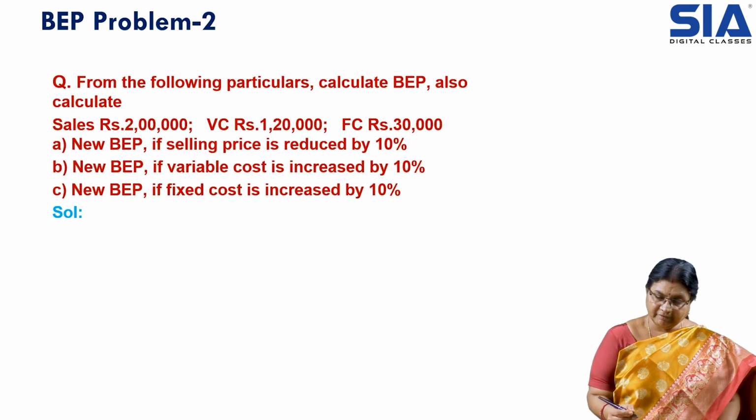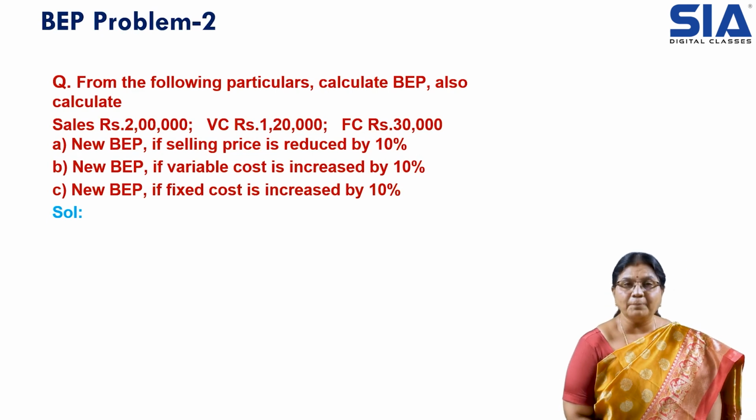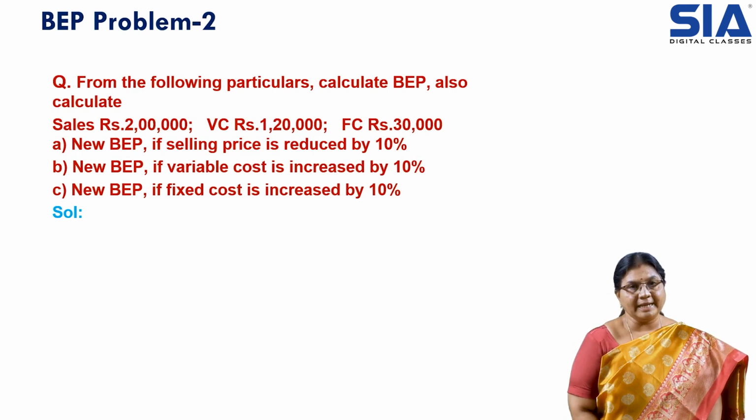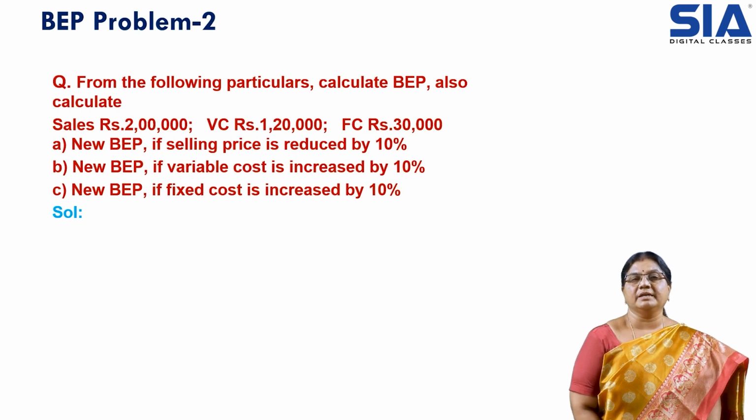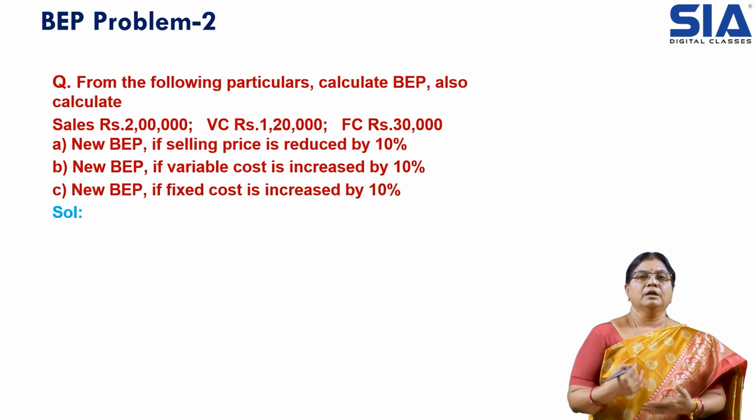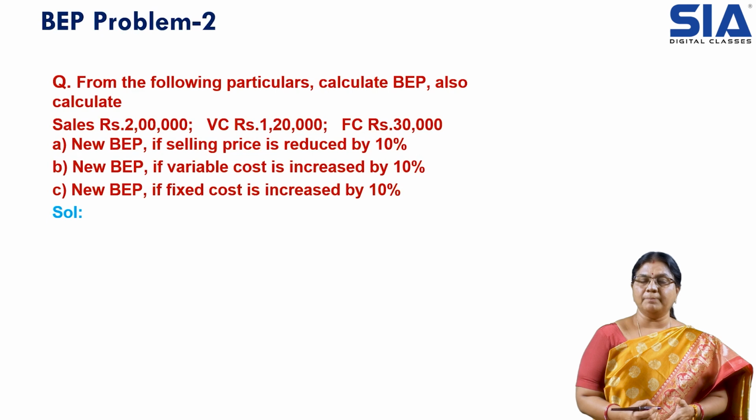Okay, so the given data is: sales is 2 lakh rupees, variable cost is 1,20,000, and fixed cost is 30,000. First of all, let us calculate what the BEP actually is.